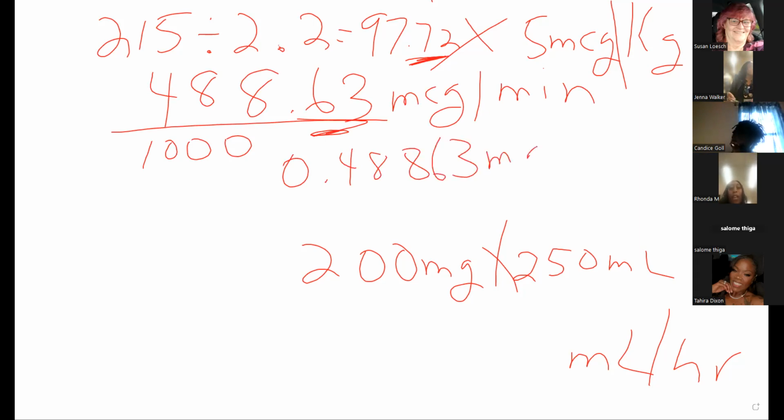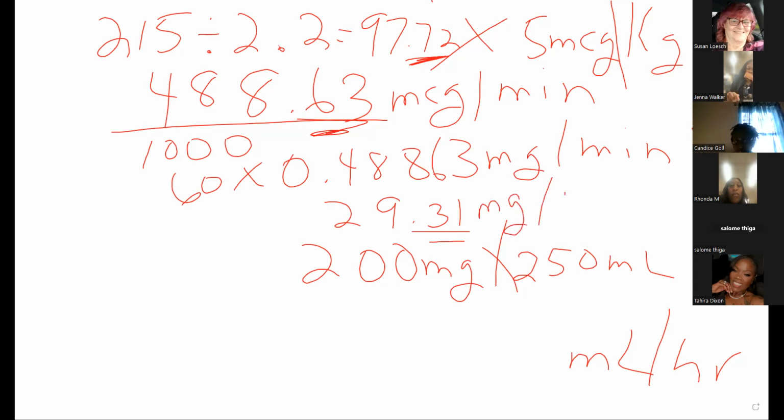And this is milligrams per minute. Now we're going to multiply both sides by 60. That gives me milligrams per hour. This is going to cross out. Take that whole number, divide it by 200, and then multiply it by 250.